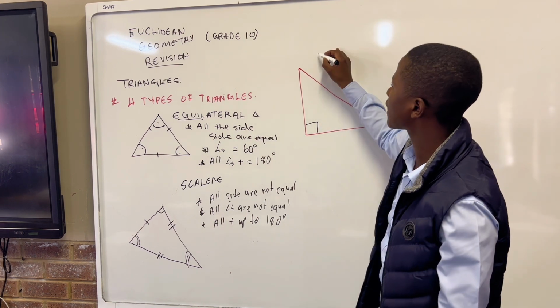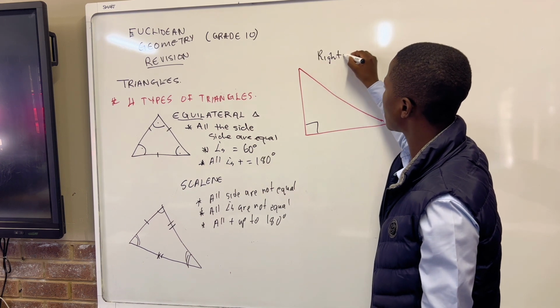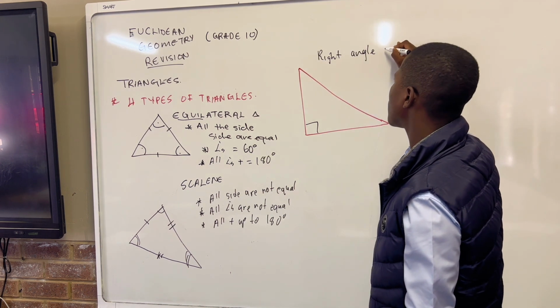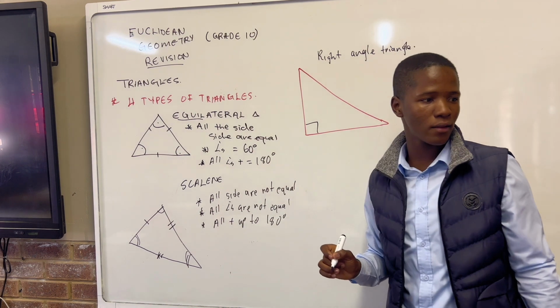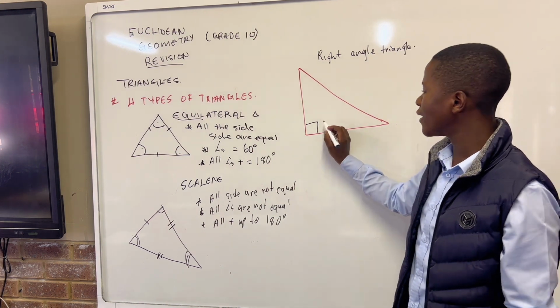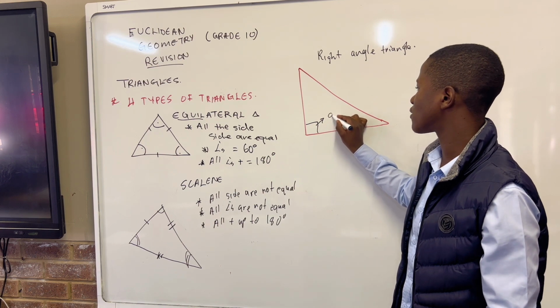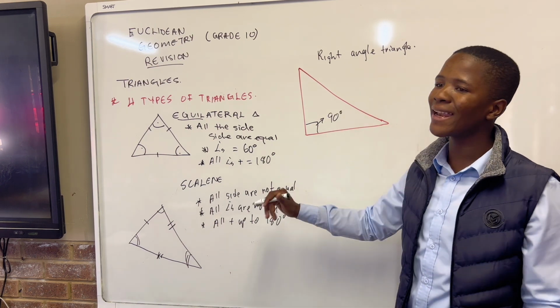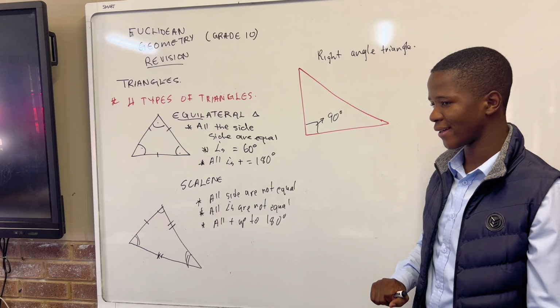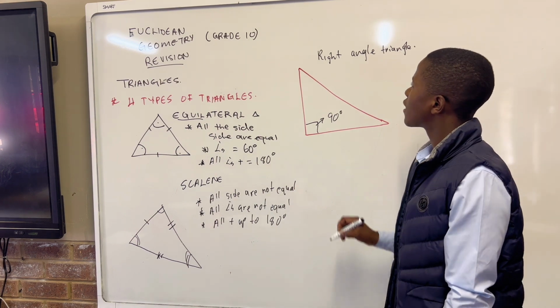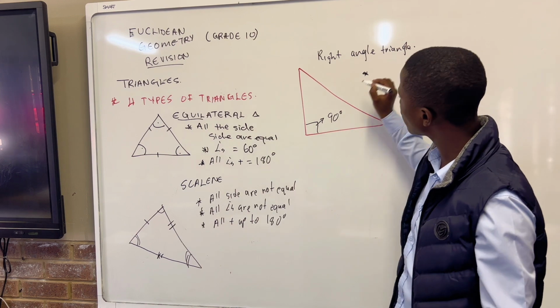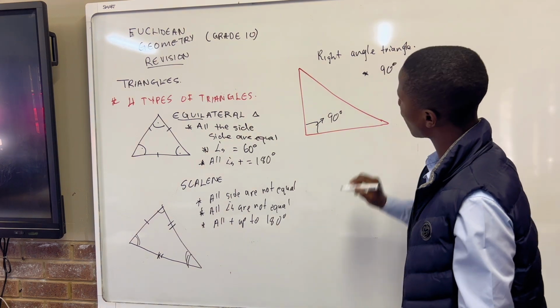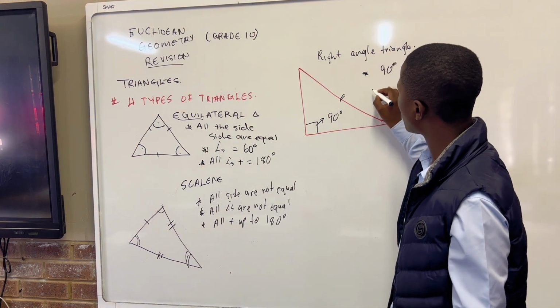Your right angle triangle is that firstly, this is your 90 degree angle, so this is the only angle that consists of 90 degrees. And it consists of a hypotenuse.